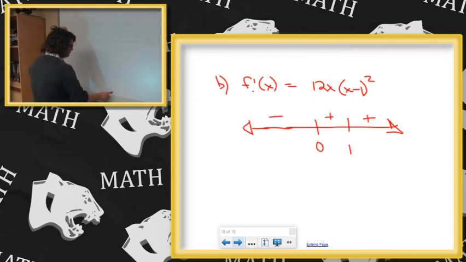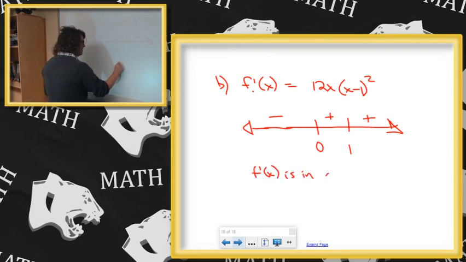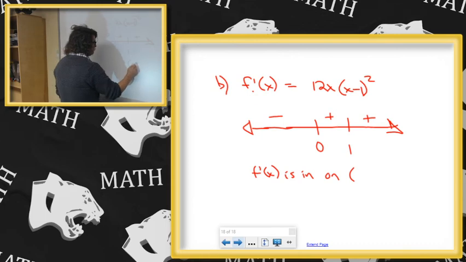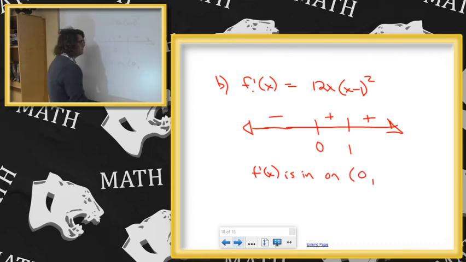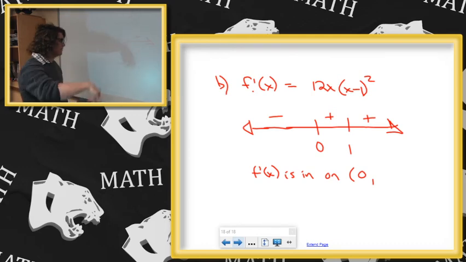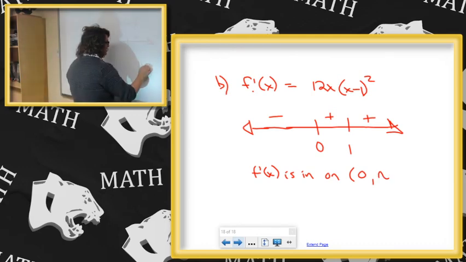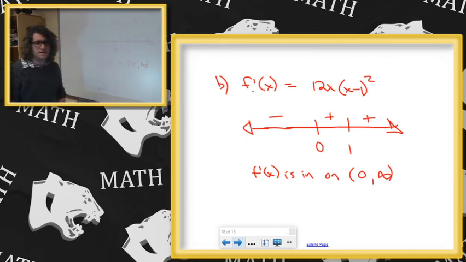So we get that this function, f of x, is increasing on 0 to, now this is, it's going to go up, flatten out, and keep increasing. I think that it's okay to say that it goes from 0 to infinity.